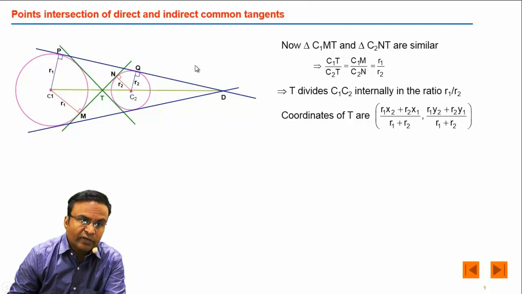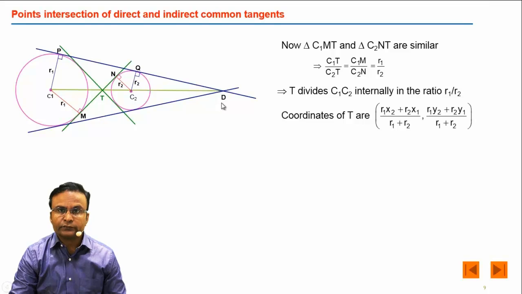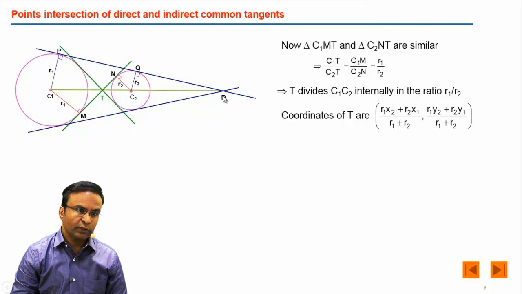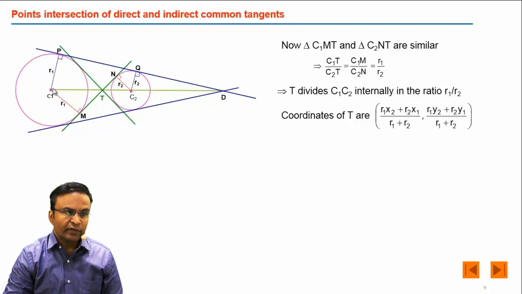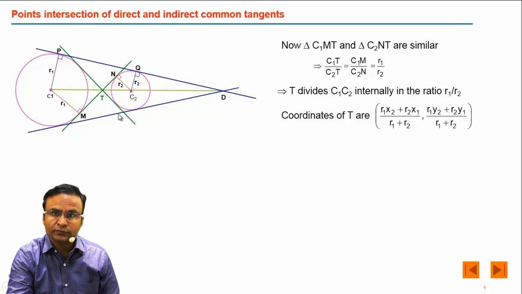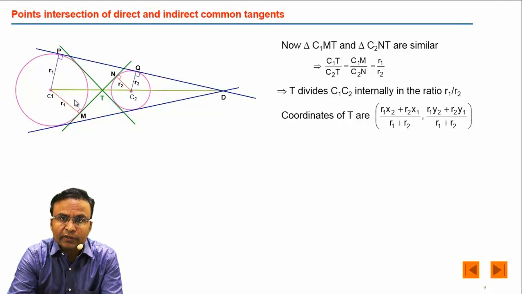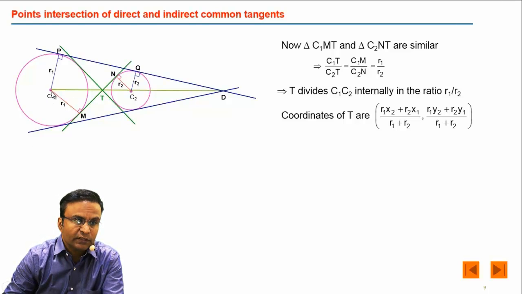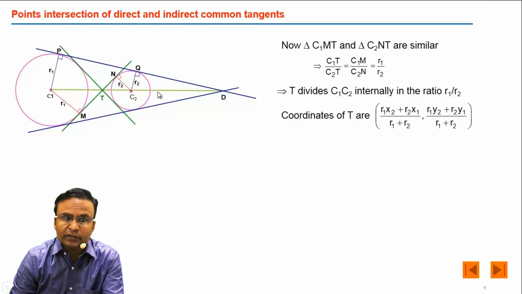Let's now find the coordinates of point D. For that, we consider triangles C1PD and C2QD. Are these triangles similar? Clearly these two triangles are similar.